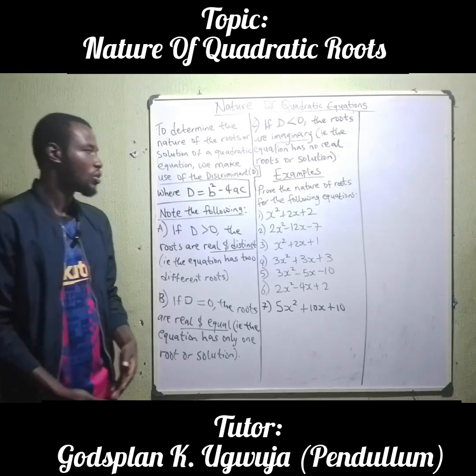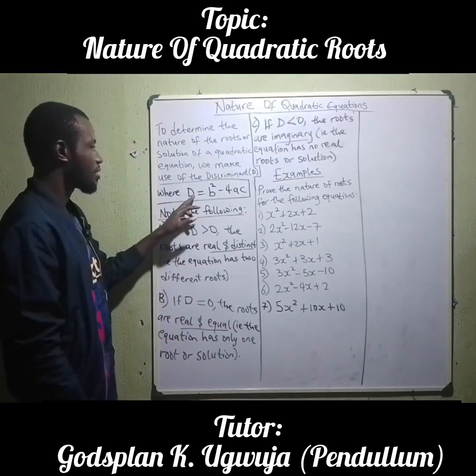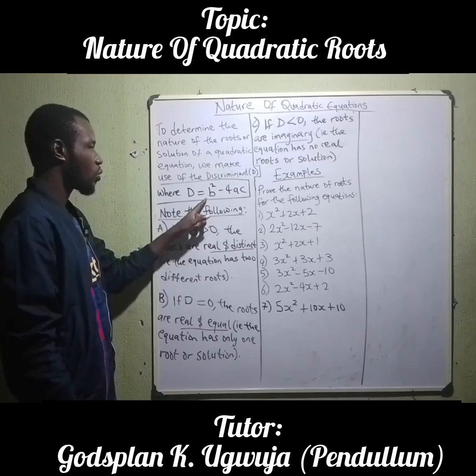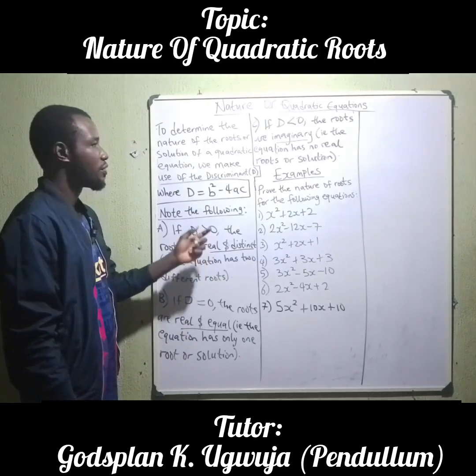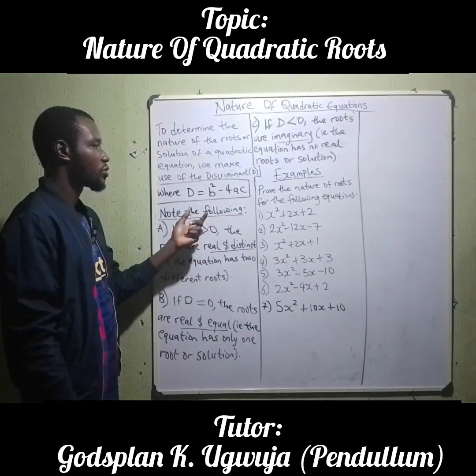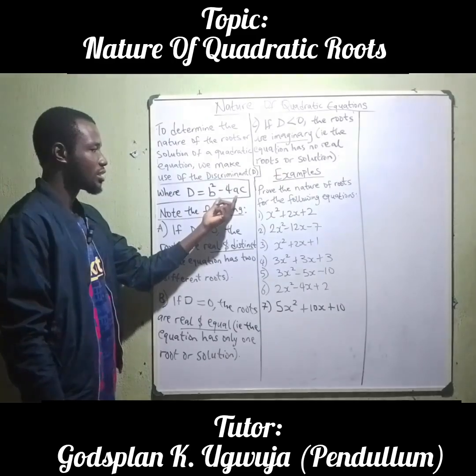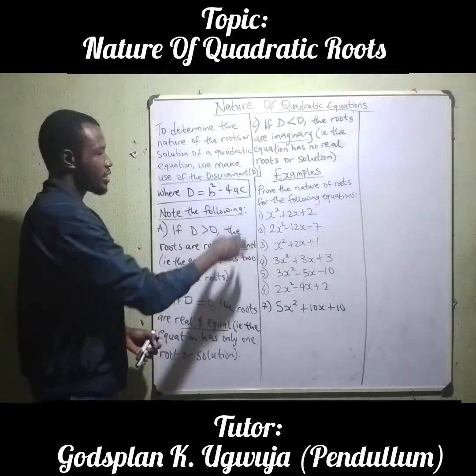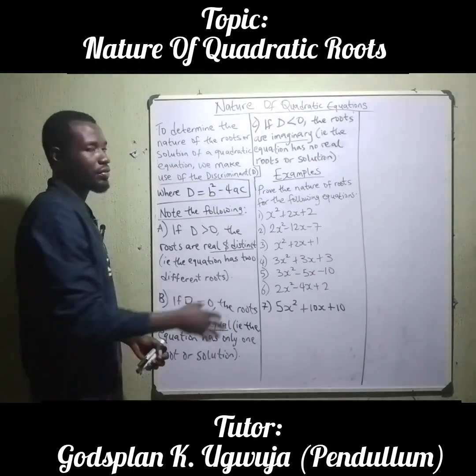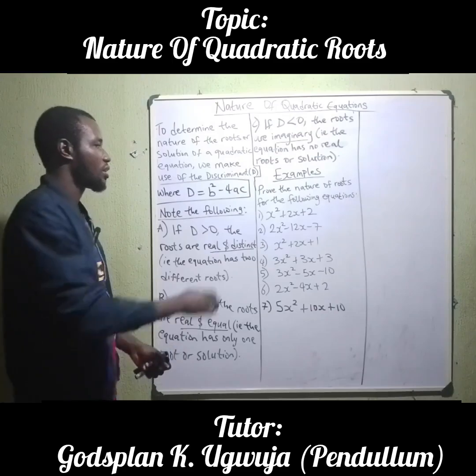Okay, now the discriminant D is equal to b squared minus 4ac. If you remember your quadratic formula, this is taken from part of the quadratic formula.